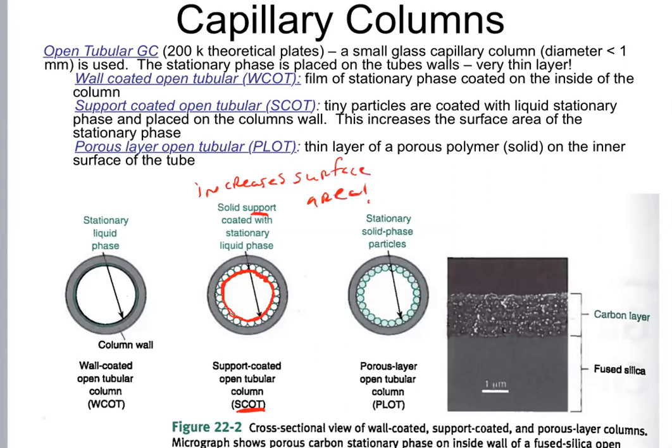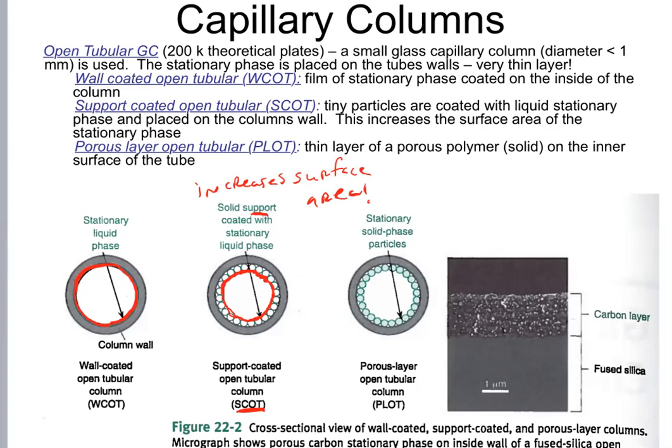It increases the surface area of our stationary phase, because now we're not just coating the inside of the tube, we're coating all of these surfaces present on the support particles, which can yield a pretty significant increase in total surface area. And if we increase the surface area, that offers the advantage of having essentially more stationary phase present.